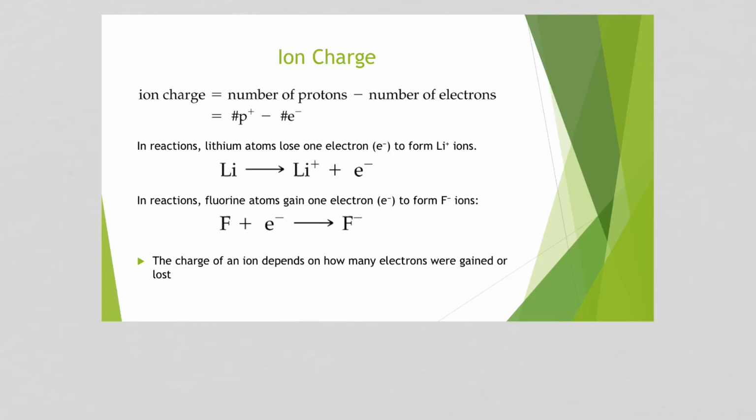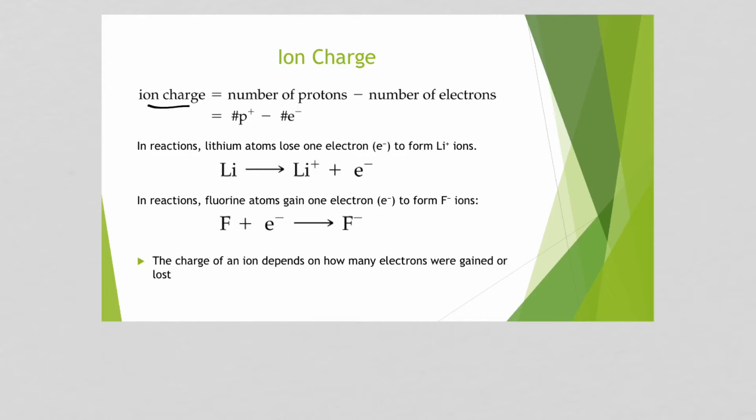Now, I already talked a little bit about ion charge and how we get this, but just to remind you, we can calculate the ion charge by taking the number of protons minus the number of electrons. If we have equal numbers, of course, it's going to be 0.